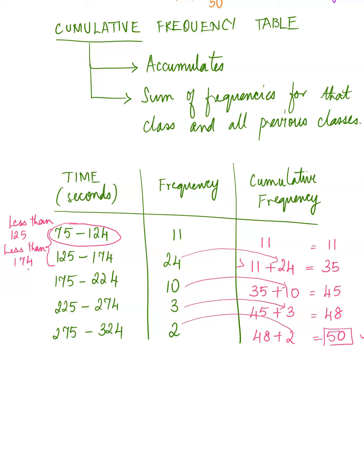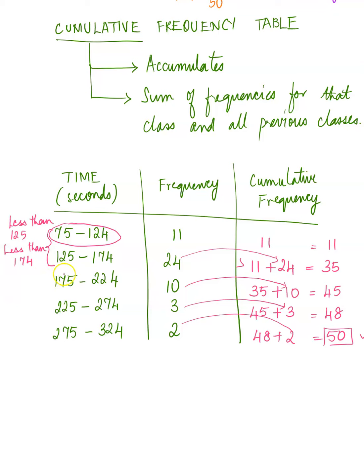So less than 174 seconds means all of it below 174, all the way from 0 up to 174. So which means it's including the previous class. And what this means is we can say, well, 35 customers were served in less than 175 seconds at that particular drive-through McDonald's restaurant. So that you can go ahead and do that here.